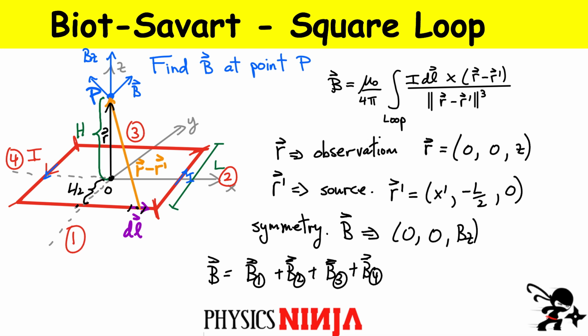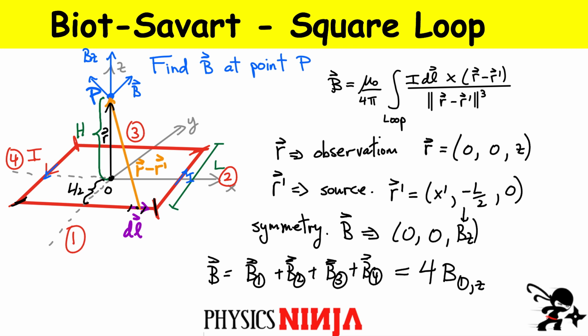The only thing I'm really interested in is the magnetic field produced by one of these segments, and I'm really only interested in the Z component. So at the end, I only have to calculate the field due to segment 1, only the Z component of that field, and I'm going to multiply by 4 because I have 4 different segments.